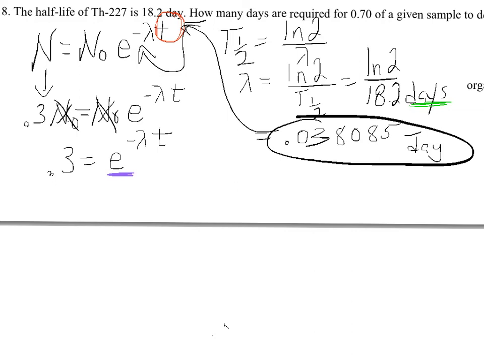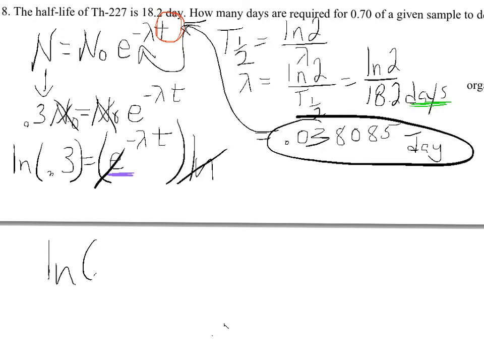So we're going to take the natural log of both sides, which is going to cancel these out. And so we're left with the natural log of 0.3 equals negative lambda times the time.